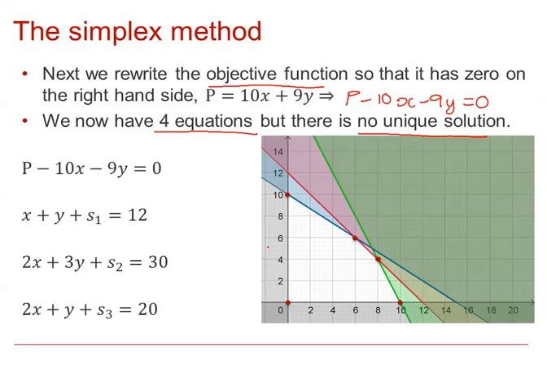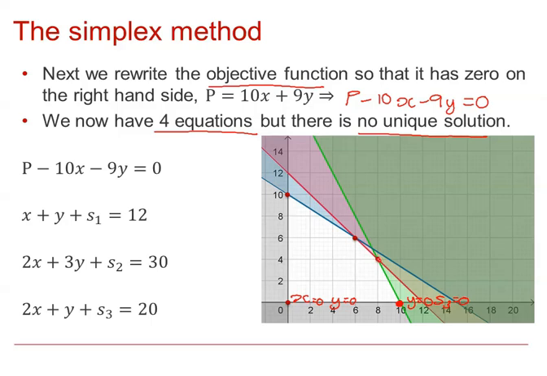So we know that the solution is one of these 5 vertices, and we know that at the origin x equals 0 and y equals 0. We know at this vertex here, since it is the intersection of the line y equals 0 and the line 2x plus y equals 20, that y must be equal to 0 and S3 must be equal to 0 at this point.